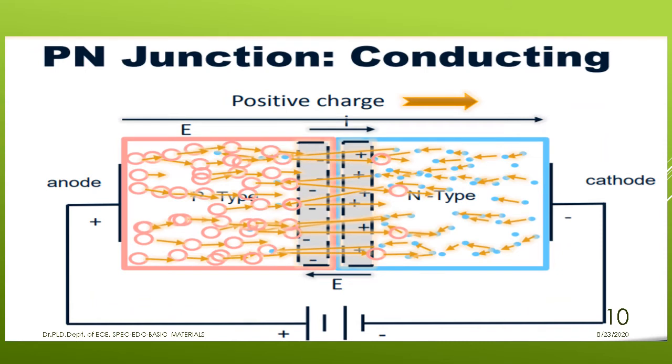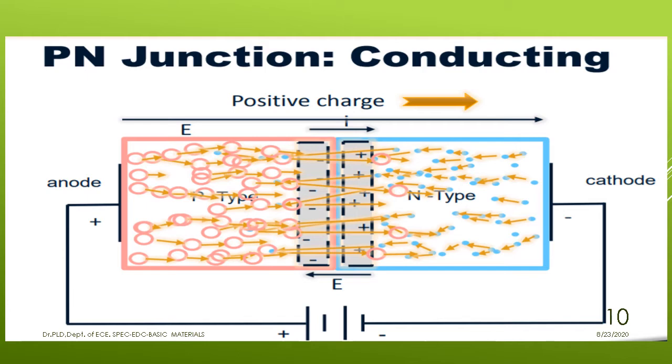Let us observe here for better clarity. The anode, meaning the positive terminal of the diode, is connected to the positive polarity of the supply, and the negative terminal of the diode is connected to the negative polarity of the supply. In this case, you can observe the charge carrier movement with these arrow directions.